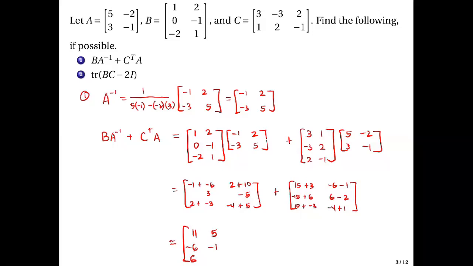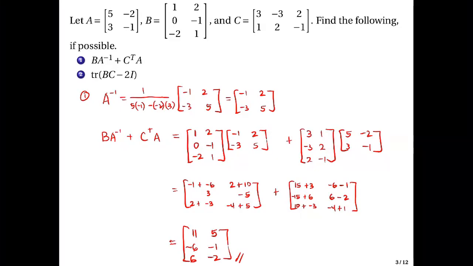And then -4 plus 5, that's 1. -4, that's -3. Plus 1, that's -2. So this is the answer for BA inverse plus C transpose A.